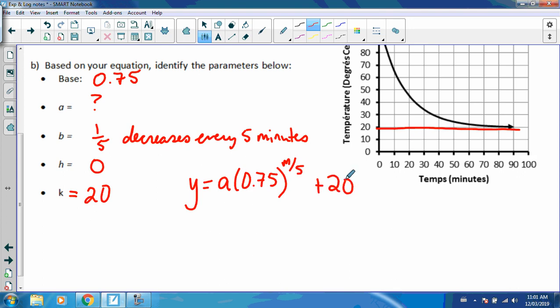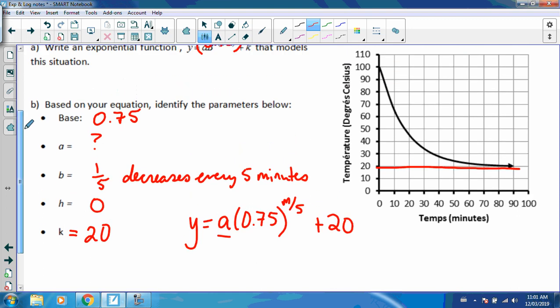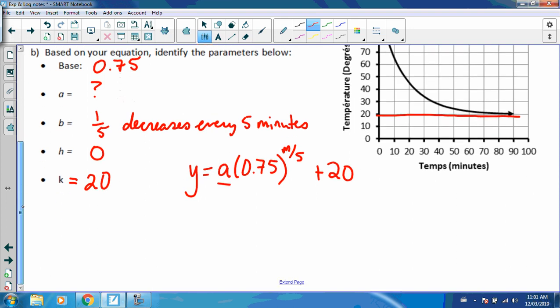And now I'm going to pick a point to determine the value of A. The point that I'm going to pick is probably this one here. That's sort of an easy one to use. So at 0, 100 equals A times 0.75 to the 0 over 5 plus 20.